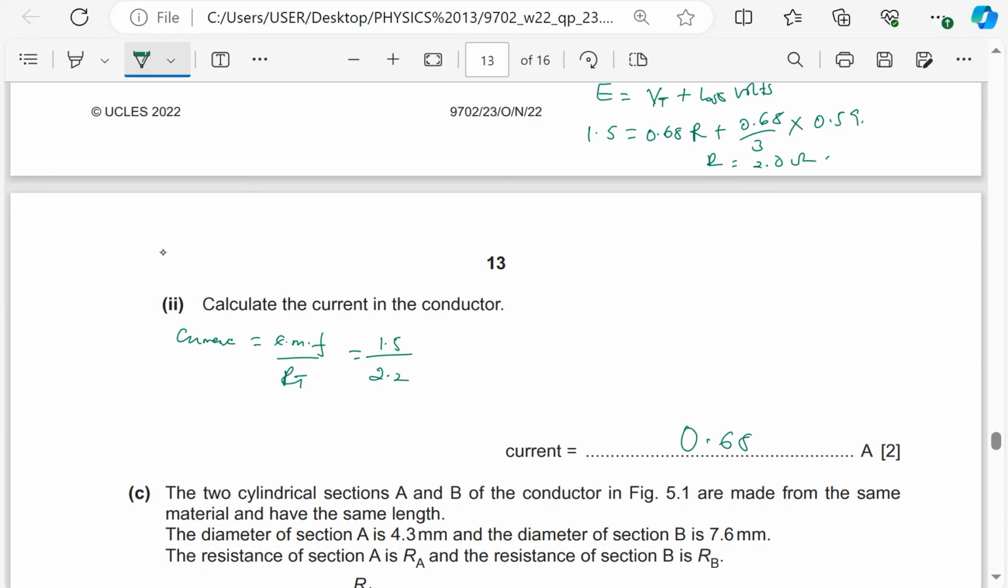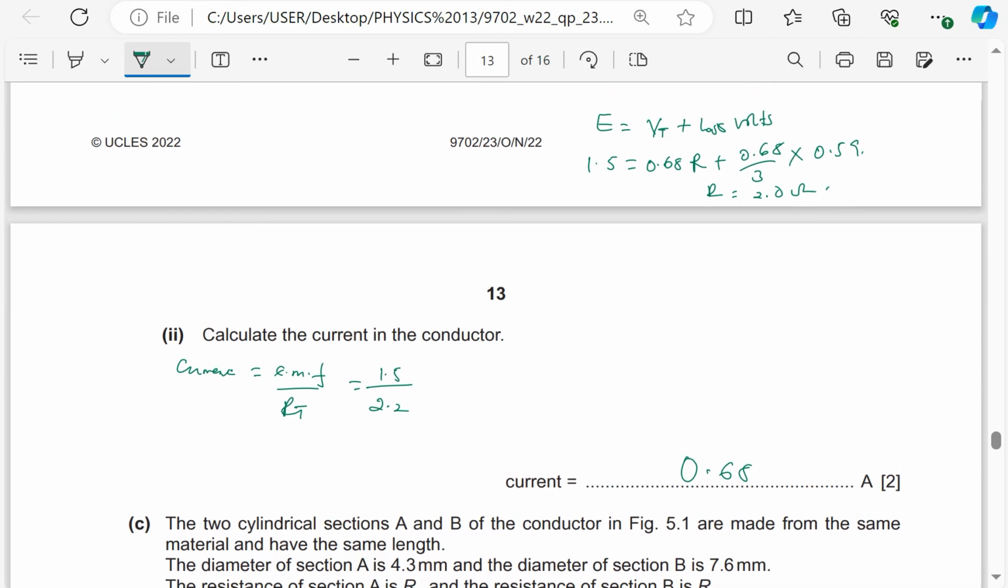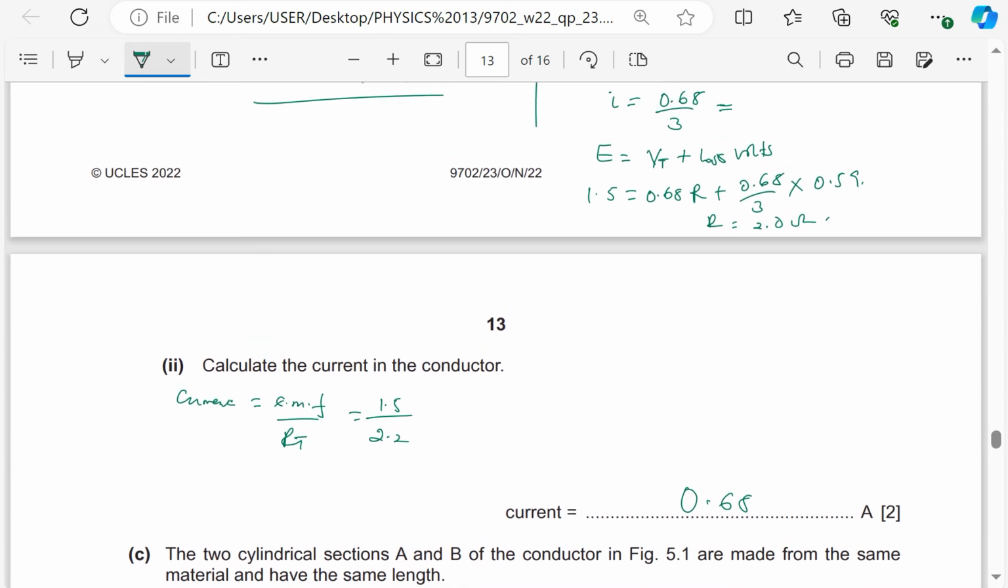There could be another alternative. I could use the concept of PD across the cell being equal to the PD across the conductor, because they're in parallel. So I'll say PD across one cell is equal to the PD across the conductor.